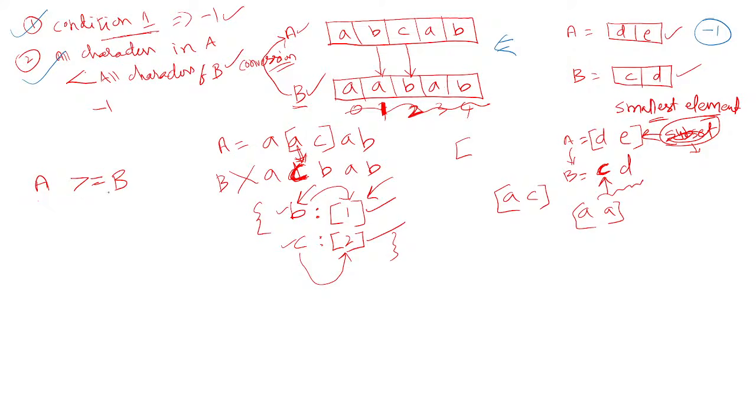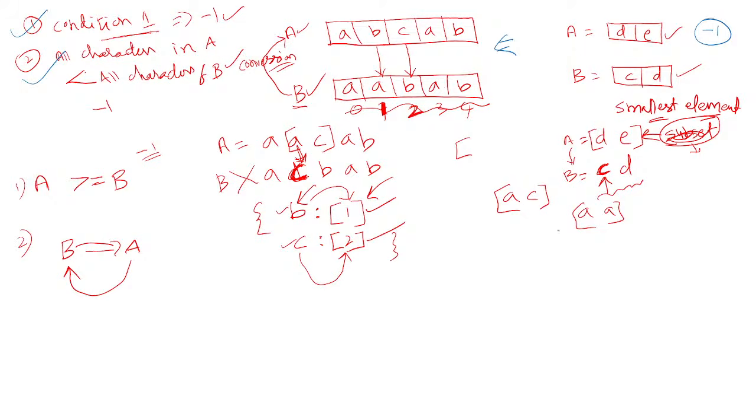If this criteria is not met, then you can return -1. The second condition we observed is that all the characters present in B must also be present in A. Then only is it possible to convert A into B. This is the second observation we made.